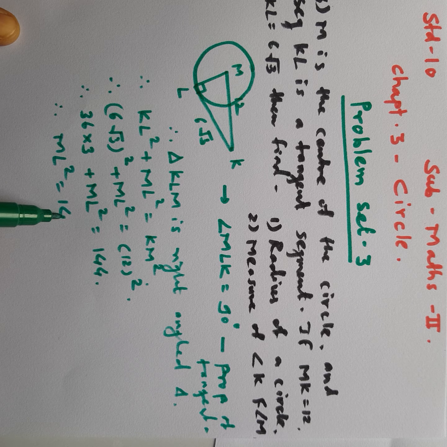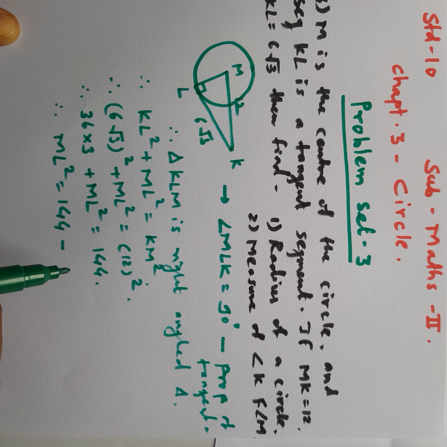Therefore ML square is equal to 144 minus 36 into 3, that is 108.